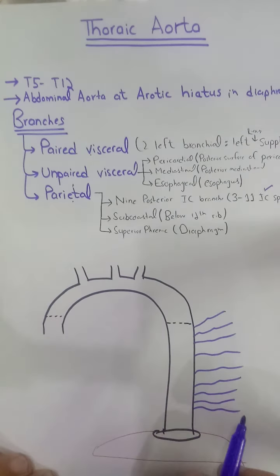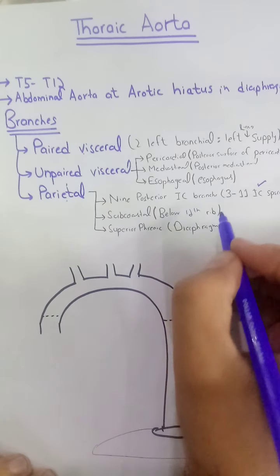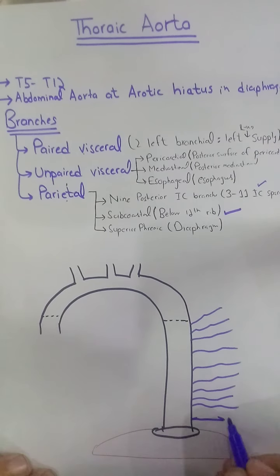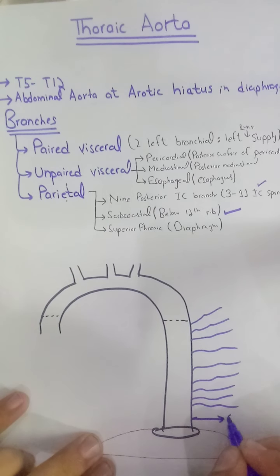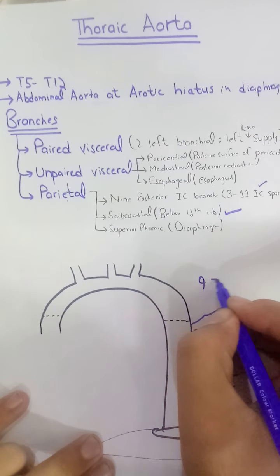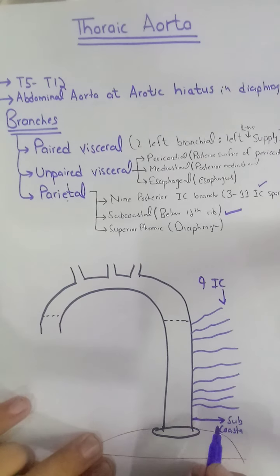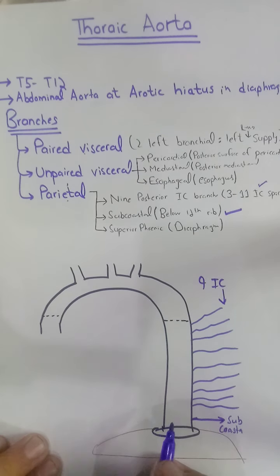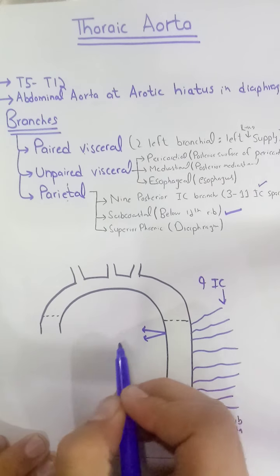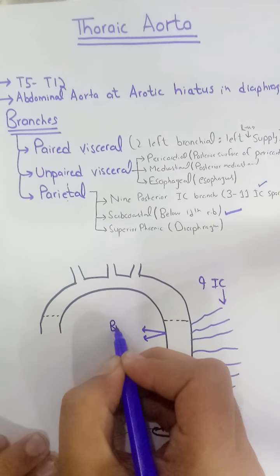Nine intercostal branches to the intercostal spaces, and then it gives the subcostal. This will be here. This is the subcostal branch. Then here it will give the two bronchial branches to the left lung.